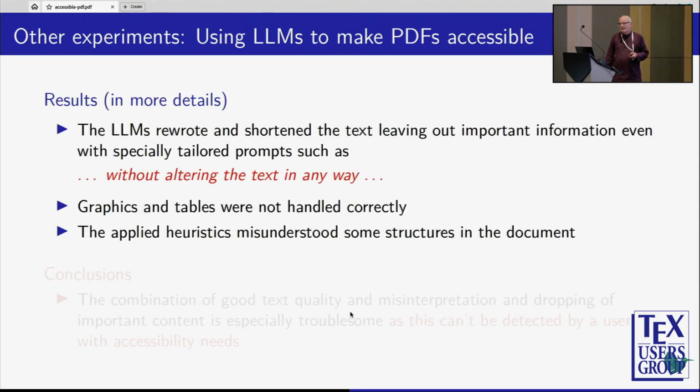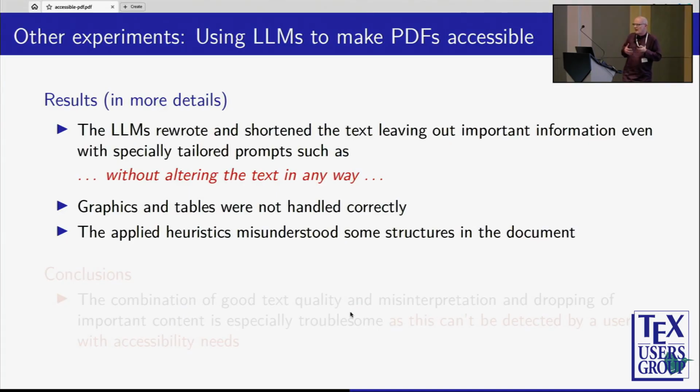So that's really, I mean, we have a lot of those things. In the end, graphics, for example, we couldn't make it do the graphics properly because it seems to not really want to handle that, regardless of the prompts we tried. There were, of course, heuristics applied in one way or the other by the LLM from its knowledge, understanding of the world. And sometimes it just misunderstood the structure as well.